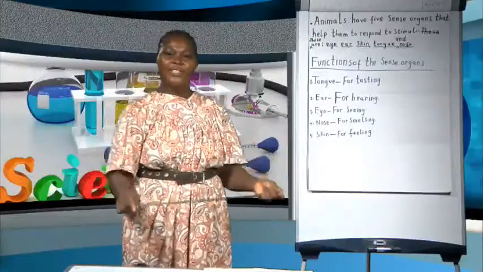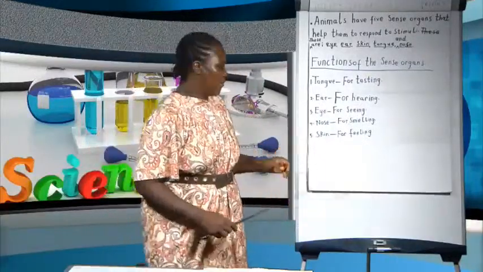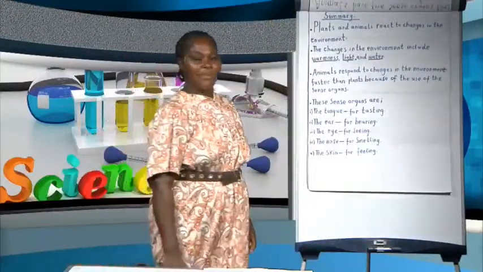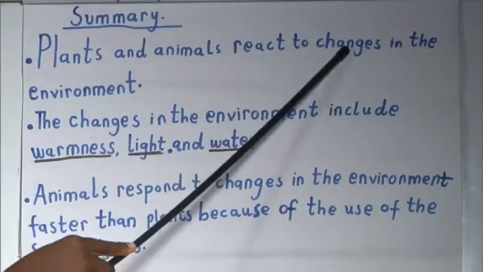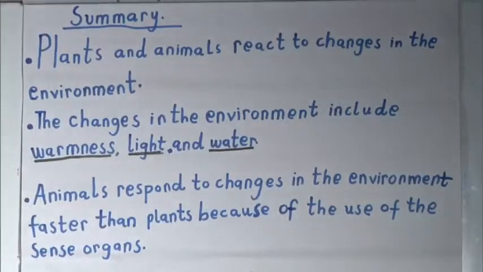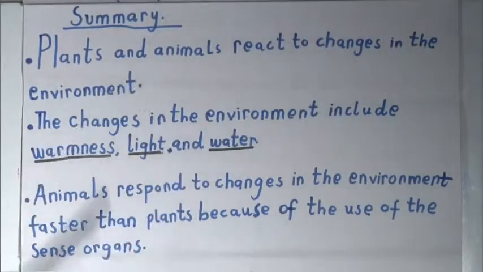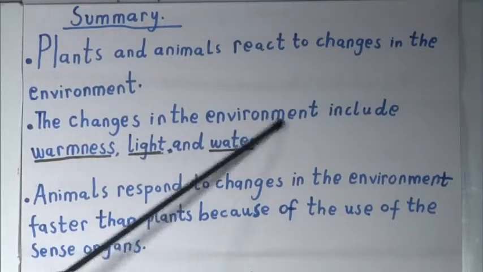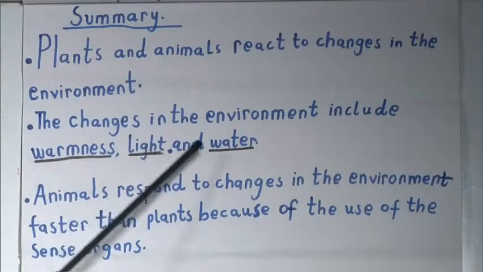I hope you are jotting something down. Now let's go to our summary for today. Plants and animals react to changes in the environment. The changes in the environment include warmness, lights, and water.